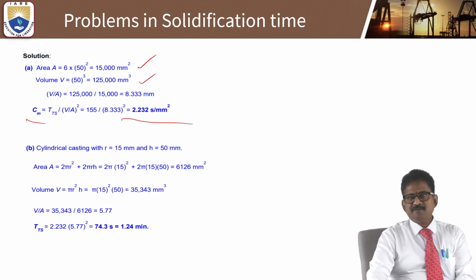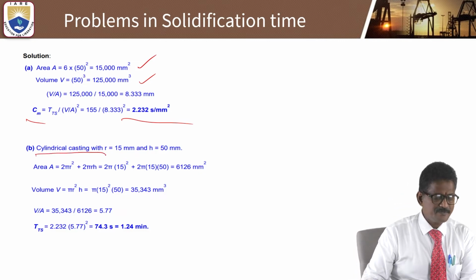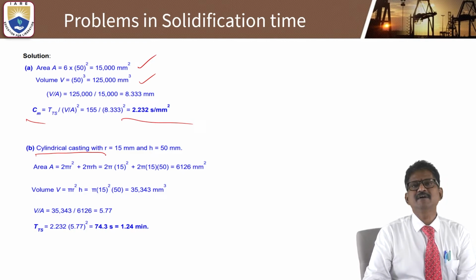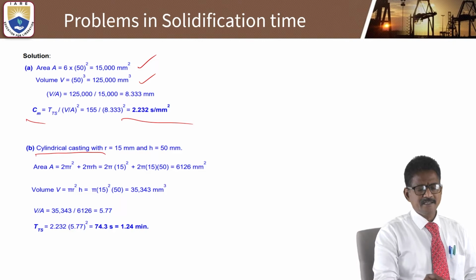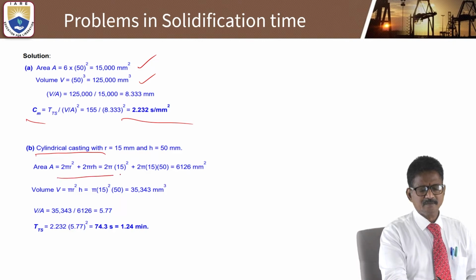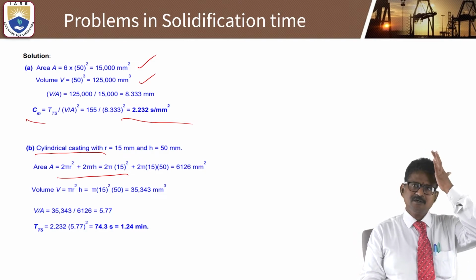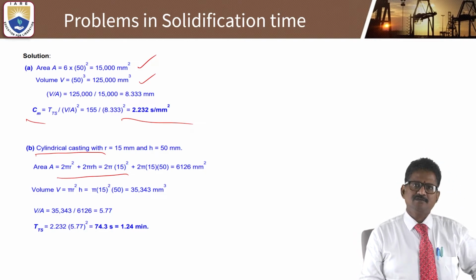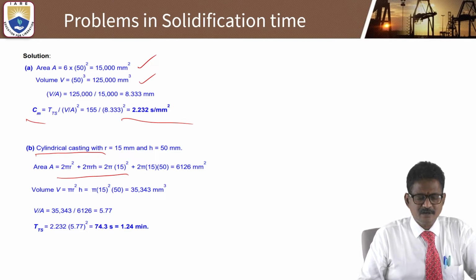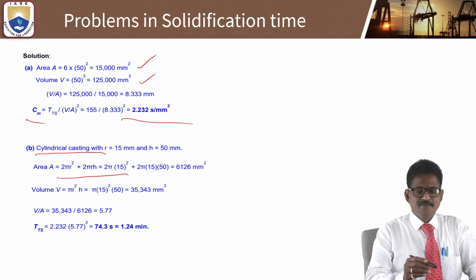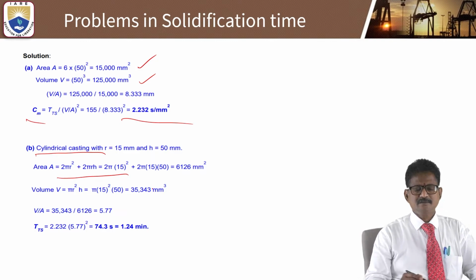Okay, one more thing: in a cylindrical casting, what formula is to be used for the cylinder casting, where r is 15 mm, h is 50 mm, and the area is 2 pi r square plus 2 pi r h. Okay, so 2 pi r square plus 2 pi r h, plus 2 pi into 15 into 50, that is 150.